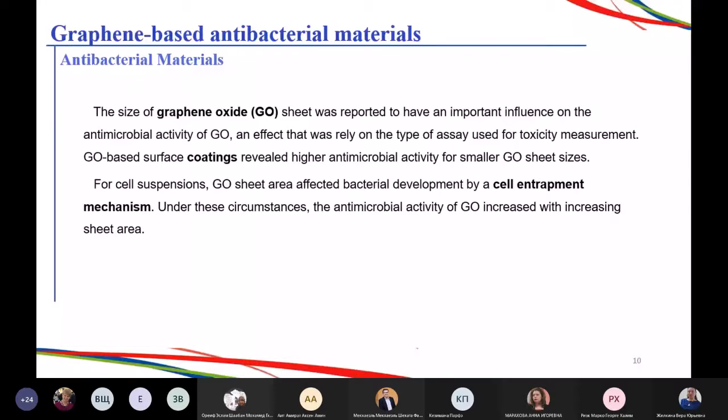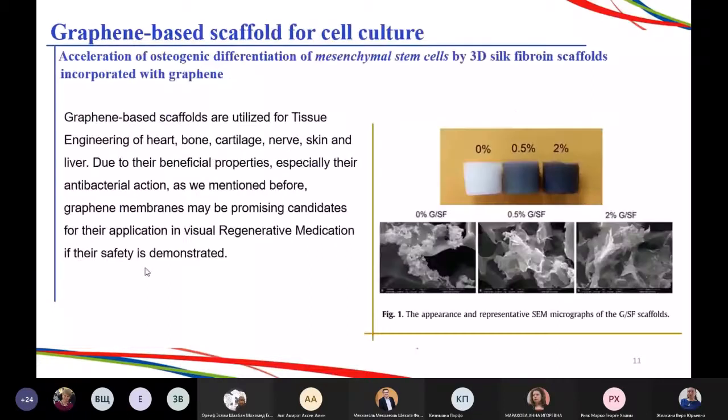In any case, cell entrapment was found to be reversible, showing that the clear impact of graphene oxide doesn't include bacterial inactivation and maybe can be described as bacteriostatic.